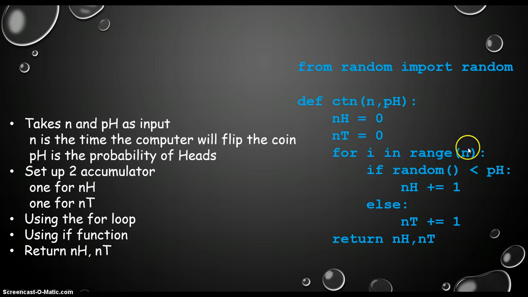Then we go through a loop n times. If the random function gives us a number that's smaller than the probability of head, then we add 1 to the head accumulator, otherwise we add 1 to the tail accumulator. And then we return the number of heads and the number of tails after flipping the coin n times.